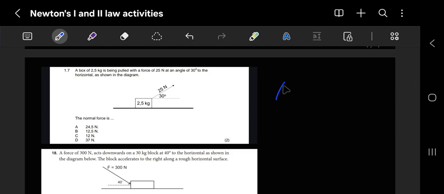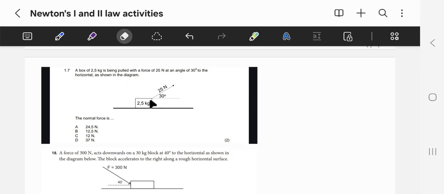if we have our object being pulled at a force that is parallel to the surface, then the normal force is equal to Fg or mg. And then if we have our object being pulled at an angle as this one here, in fact, let's just use the diagram that we have there.